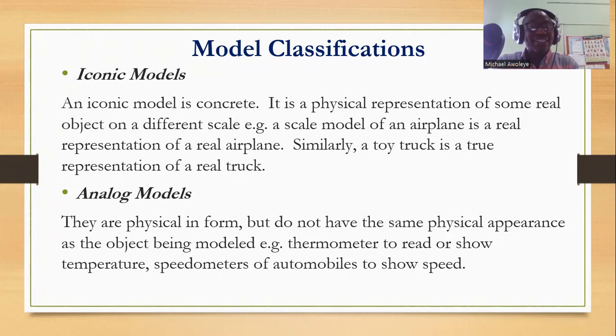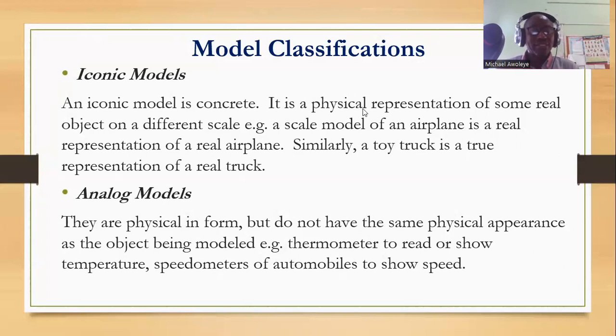A toy truck is a true representation of a real truck, that's what we call miniaturization in computing. You want to make a smaller version of the real one. Take, for example, that you want to build a ship, a small one, maybe a physical one that you can touch, beyond what you made on the computer. A real prototype that you can see. That's what we call an iconic model.